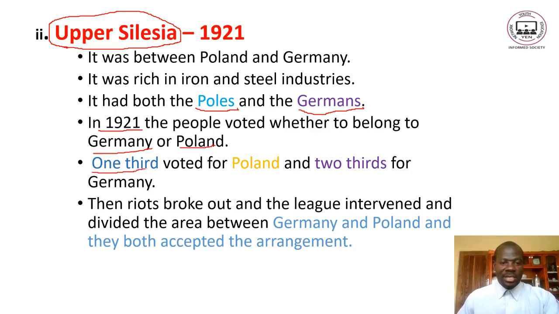The results were that one third of the people voted for Poland and two thirds voted for Germany. And as a result, riots broke out there. Then the League of Nations intervened in 1921. During that intervention, it divided the area between Germany and Poland, so it was given to both Germany and Poland.